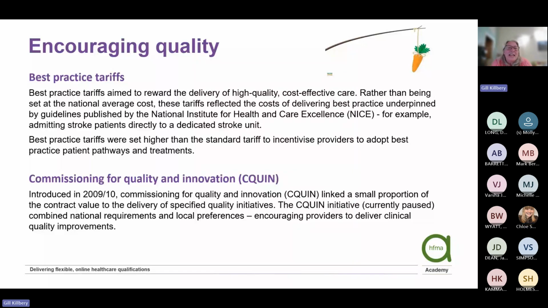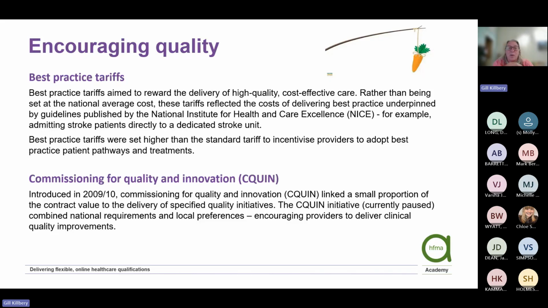The Commissioning for Quality and Innovation, CQINs, were introduced in 2009-10, so they've been going a long time. They're linked to the contract, and they're for specific initiatives. You get a CQIN payment for doing particular things.